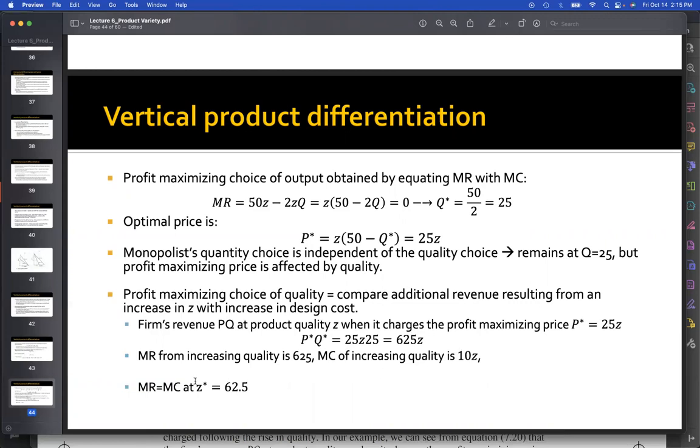So you equate marginal revenue, which is this one. Oh, this is not marginal revenue. This is revenue. So you take the derivative of this and equate it to the marginal cost, which is this one. So basically, it's 625 equals 10Z. So Z equals 62.5.